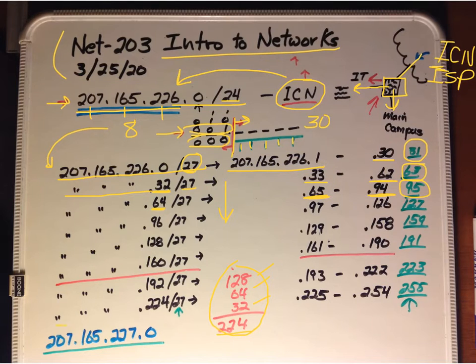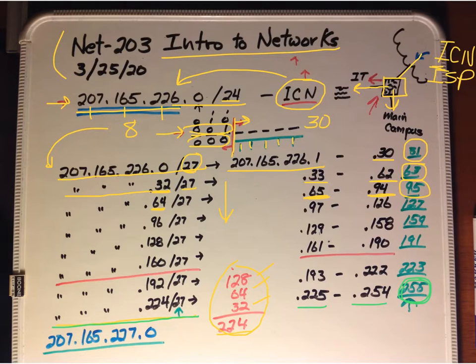And so when we got down here at the bottom, let me use a different color here. So when we got down here at the bottom, we ended up with 224, 225 to 254, and 255 would be the broadcast.